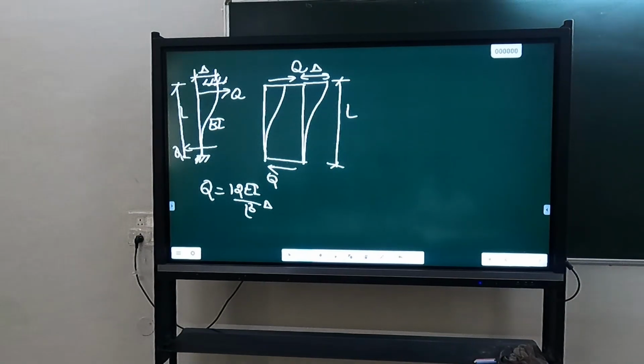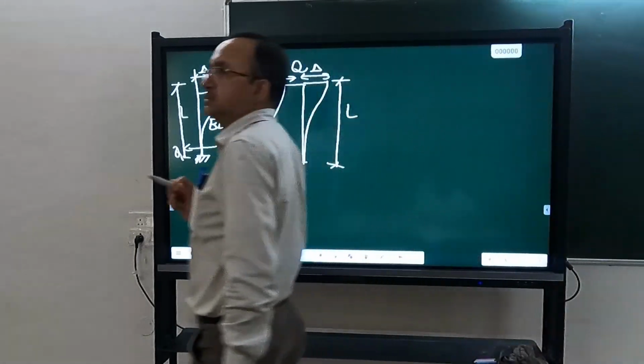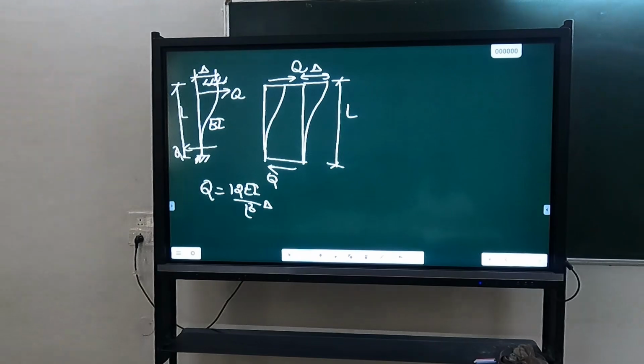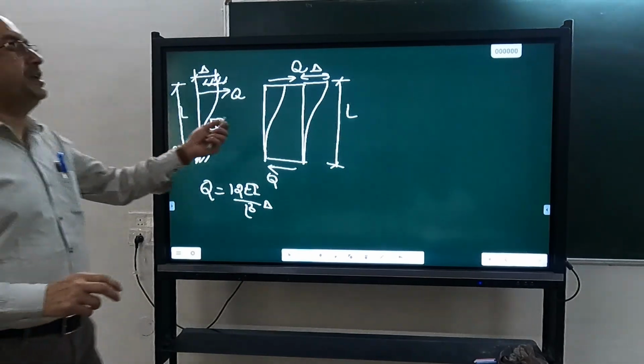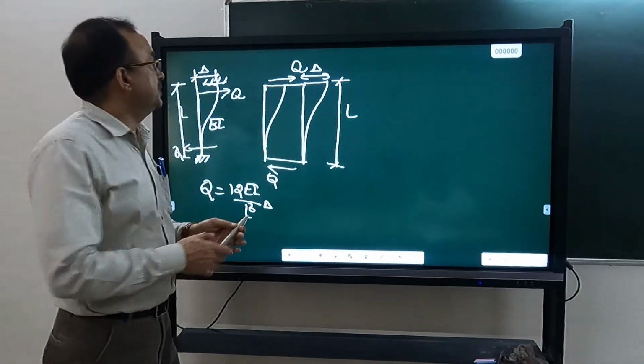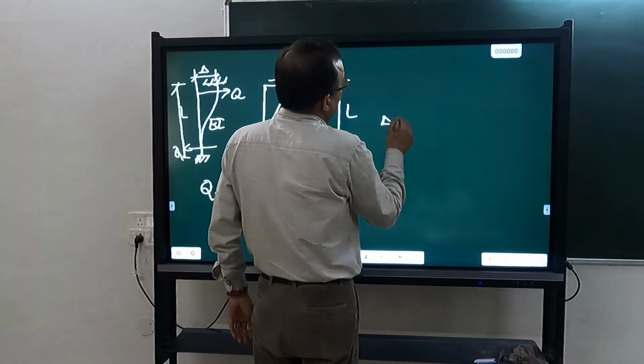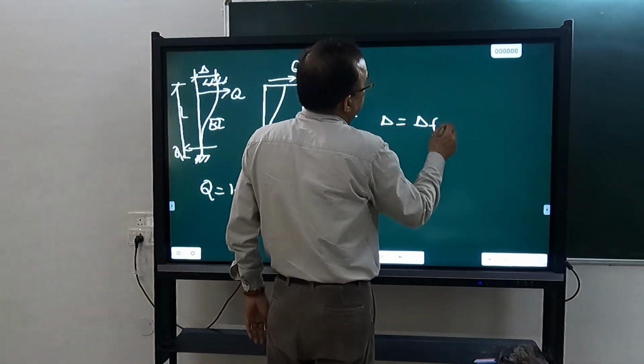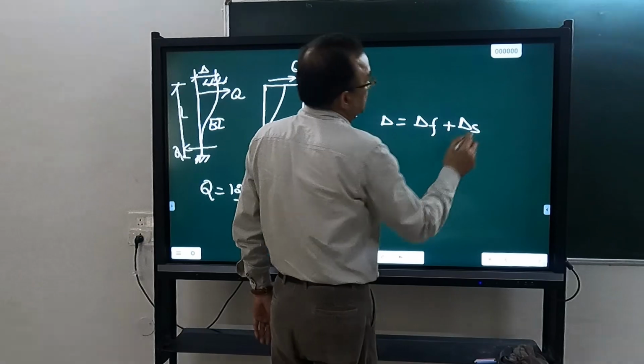Same, plus what? What assumption we have made here? We have ignored shear deformation. Here you can't ignore shear deformation. So this delta here will have both the flexural component and the shear component.